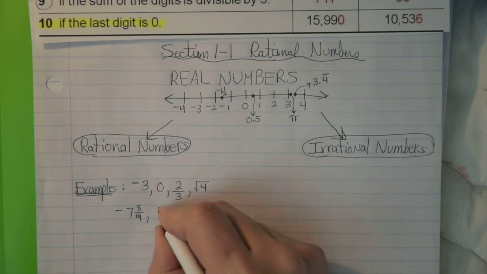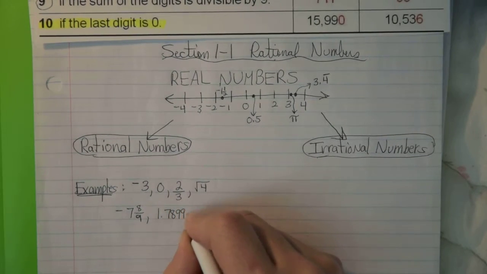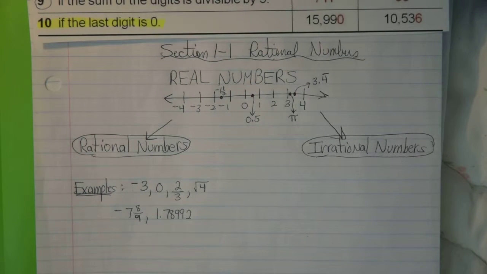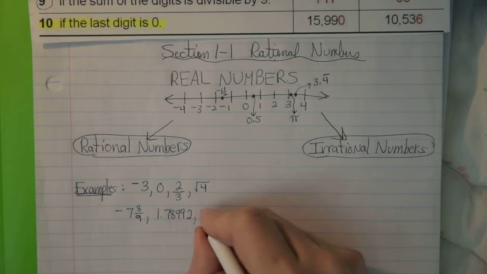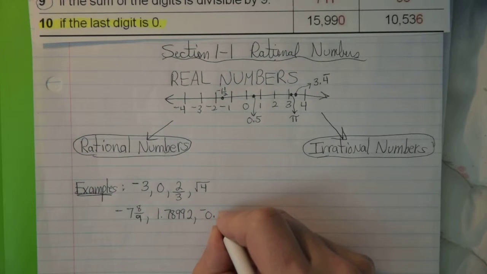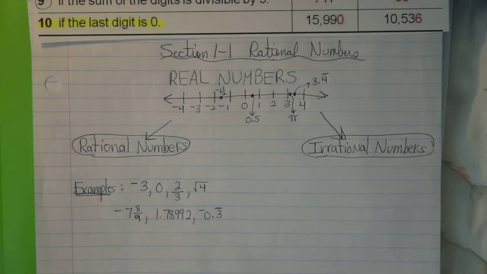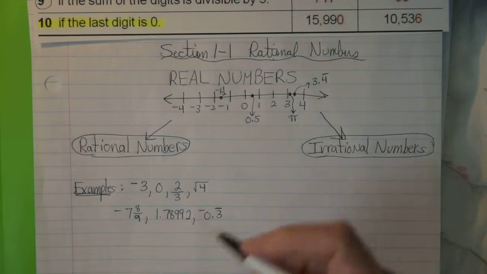I could have 1.78992 is rational. -0.3 repeating. Those are all rational numbers.